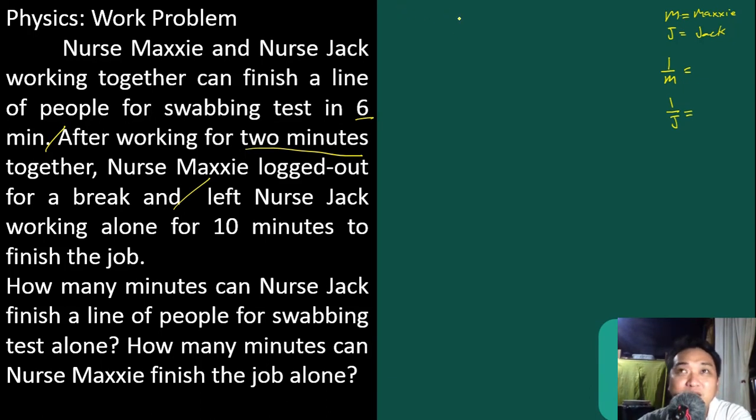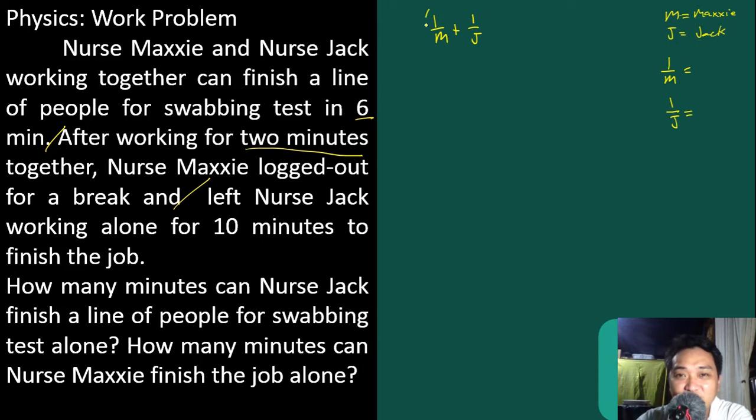At alam nyo ba, yung mga rates, pwede natin silang i-add together, so it would represent one complete job times the time. So ganito po ang mangyayari niyan. Ang sabi sa problem, kung si Nurse Maxi at saka si Nurse Jack working together, we're going to add their rates. So that is 1 over M plus 1 over J. Here we have the rate of Maxi, and here we have the rate of Jack.